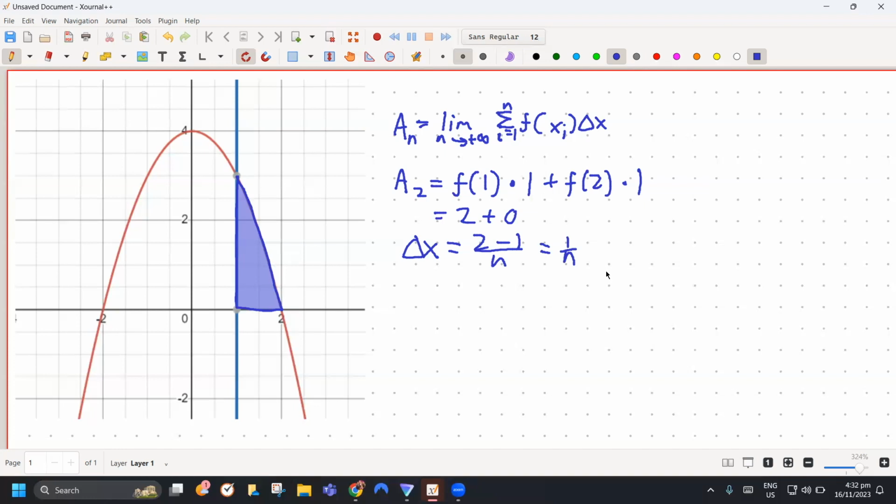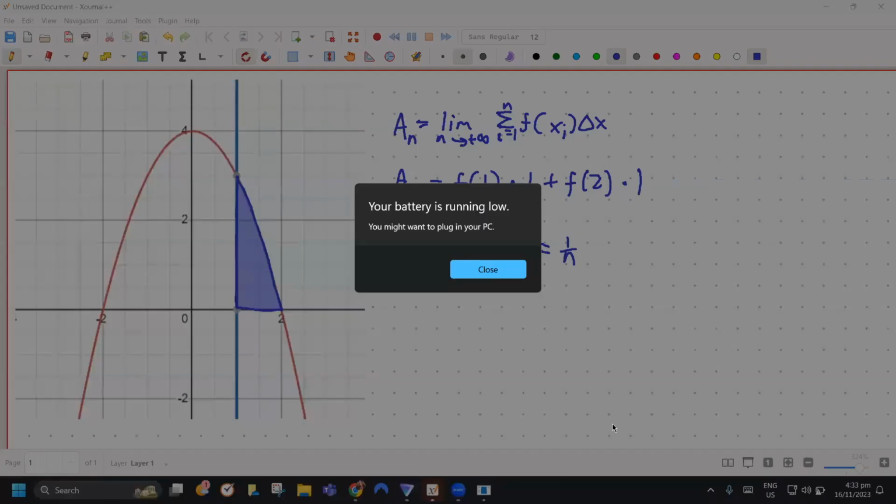So, the first value should be 1 plus 1 over n, tapos yung last value should be 1 plus n over n. Sa case na n equals 2, yung values ay 1 plus 1 half.